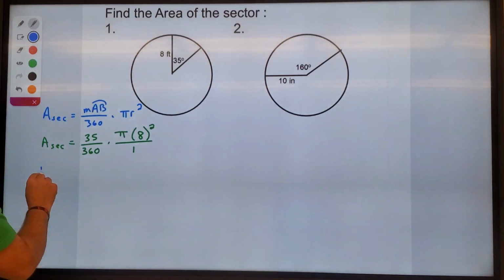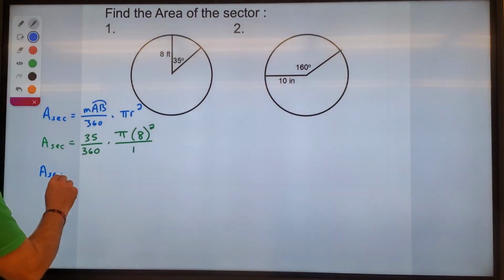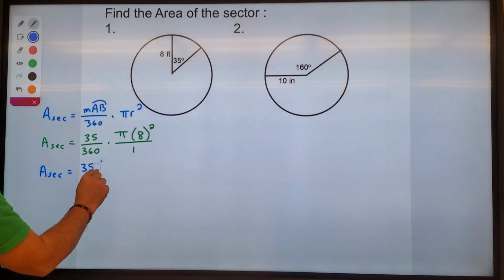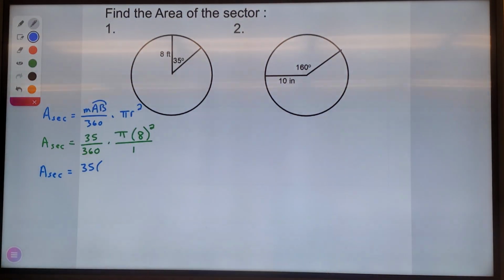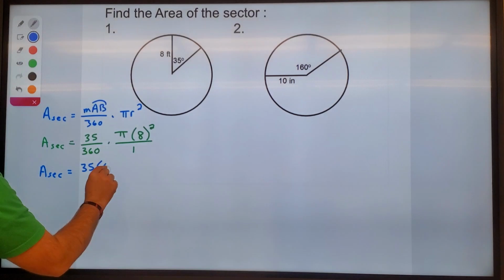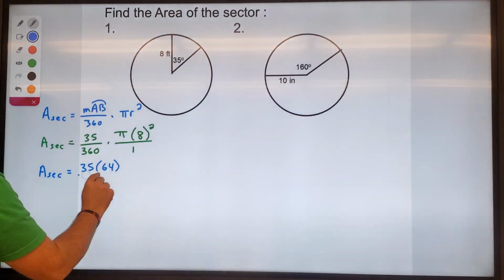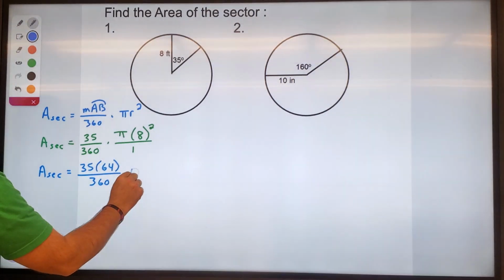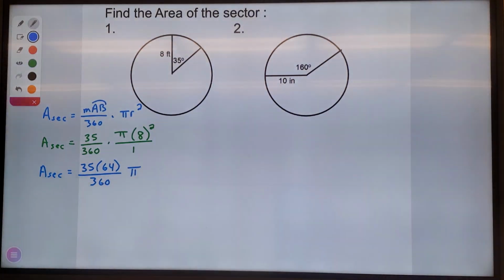Okay. Next line down, I'm going to have area of a sector. I'm going to move things around here. I have 35 times, I'm going to put this 8 squared, which is 64, put that over the 360. That's 360 times 1. We're just going to put pi right there next to it.